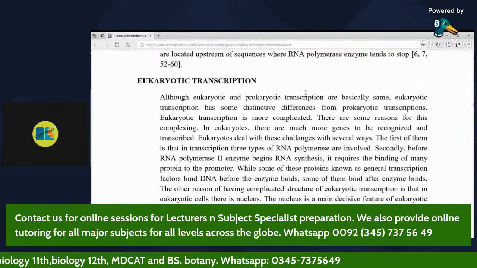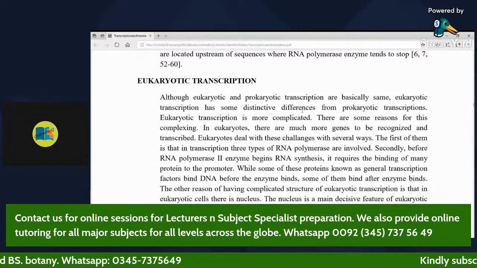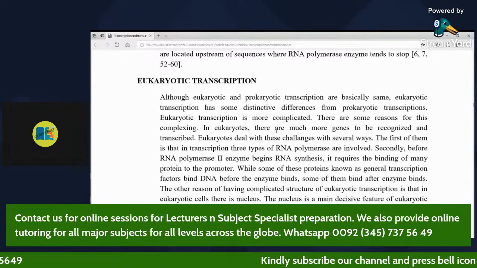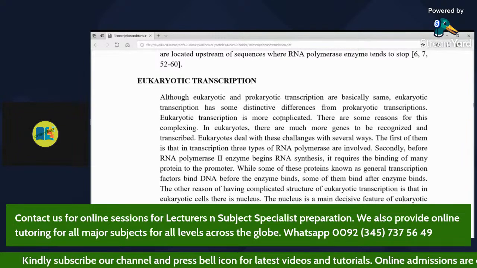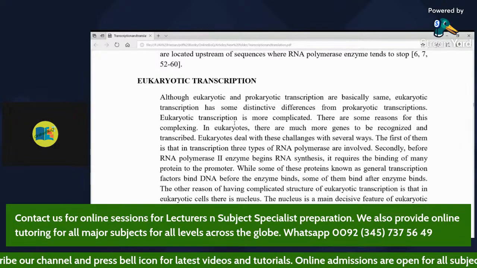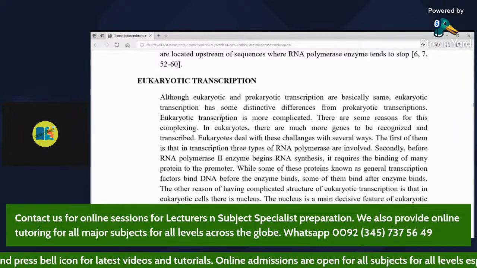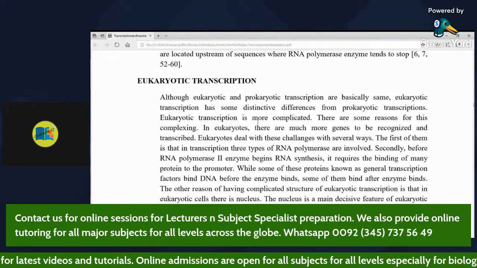Eukaryotic transcription is more complicated. The process we will study now will be more complicated as compared to transcription in prokaryotes.